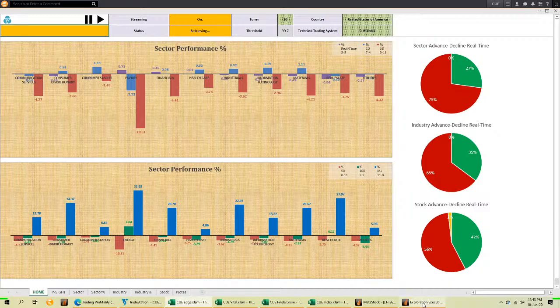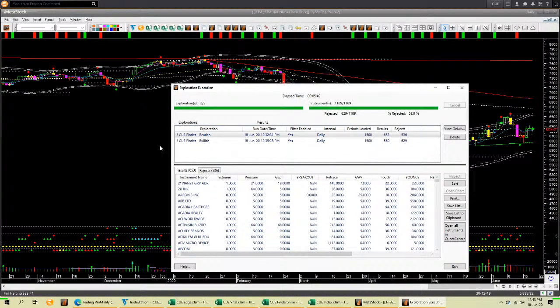Or we could carry out a bottom up approach where you run the combo scans, Q finder bearish and bullish, and try to find technical trade setups first. From there, if there is a technical trade setup, then you may check for the stocks fundamentals and industry to make sure all the forces from these three levels, technical, fundamental and industry, are aligned.